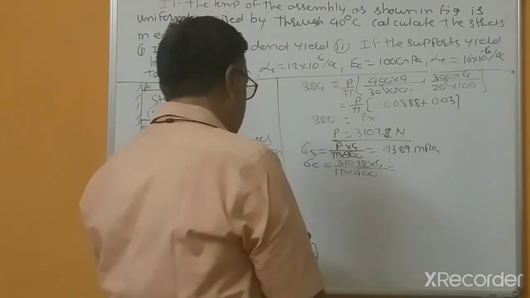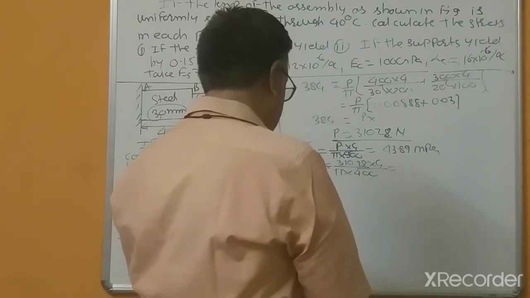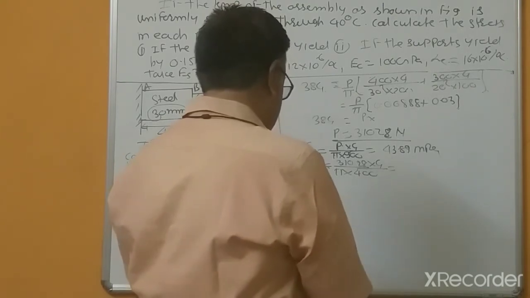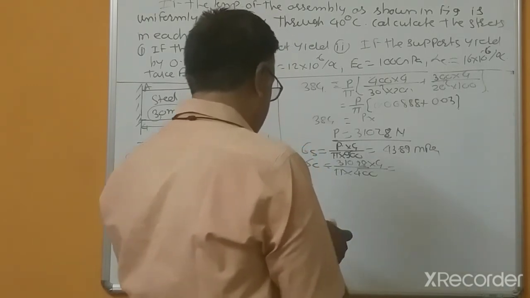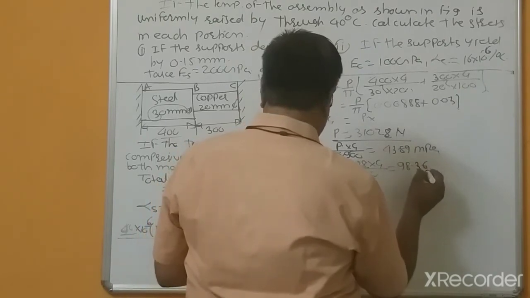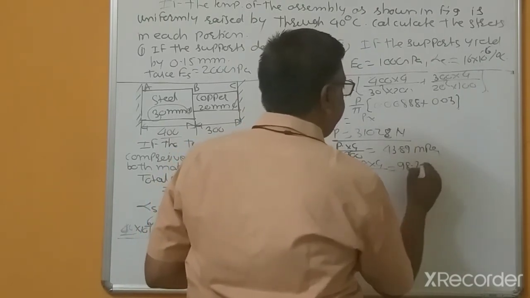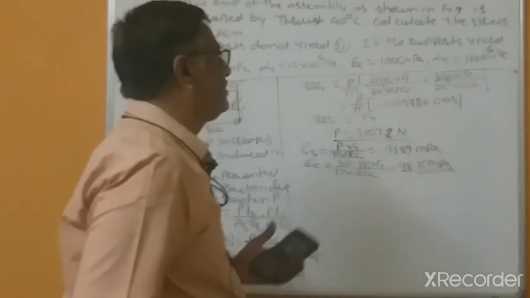And for the other, 31028 multiplied by 4 divided by pi divided by 400, so this is 98.76 megapascal. So this is first.